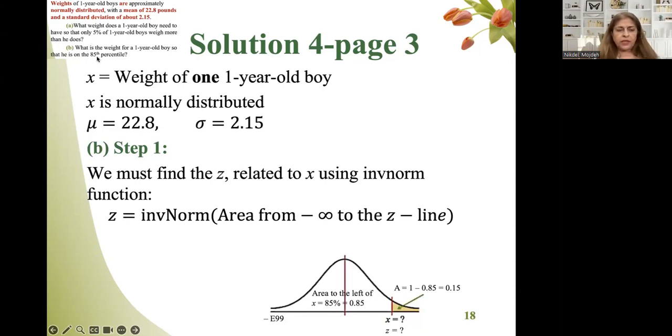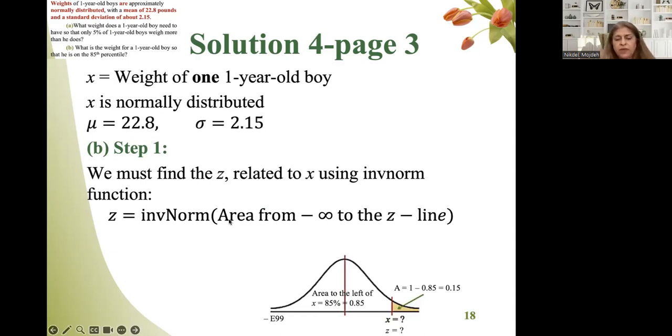If you are located at the 85th percentile, the area to the left is 85%, to the left of the X or Z line. I really don't need the area to the right, but only 15% are to the right.